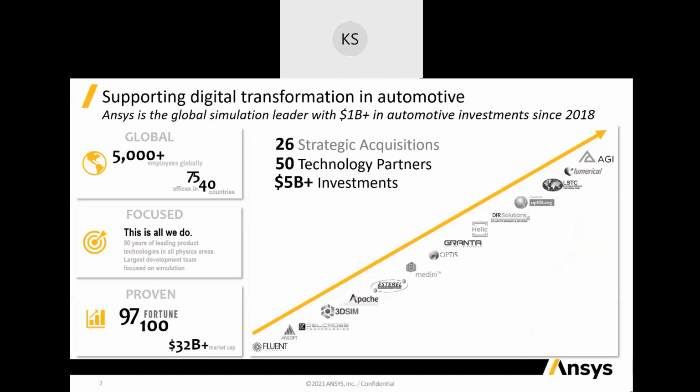We are a proven technology, and out of the top 100 Fortune 500 companies, 97 are using our solutions. Over the years we have made many strategic acquisitions, we have many technology partners, and we continuously invest in research and development.